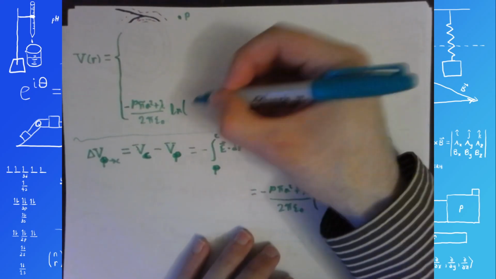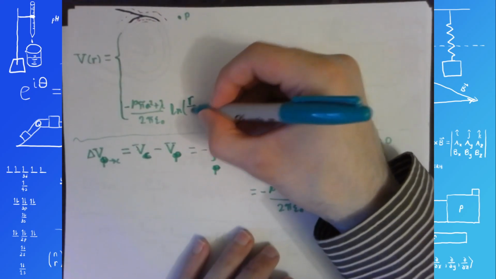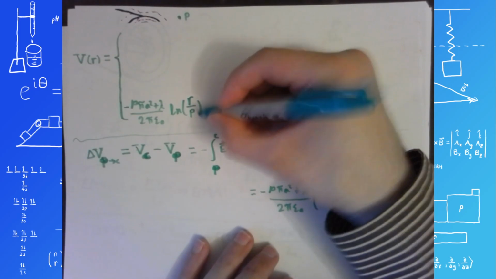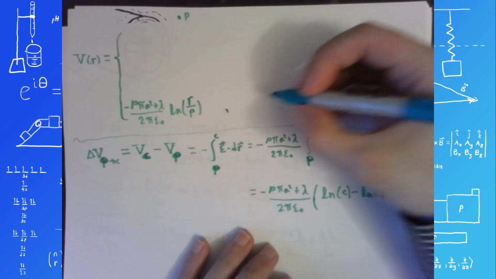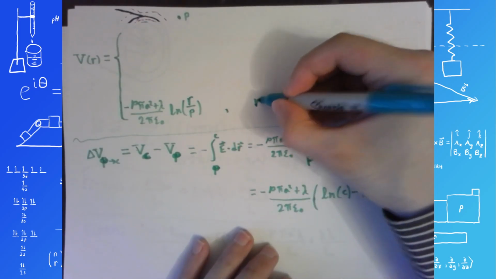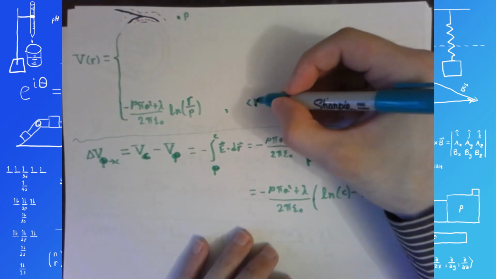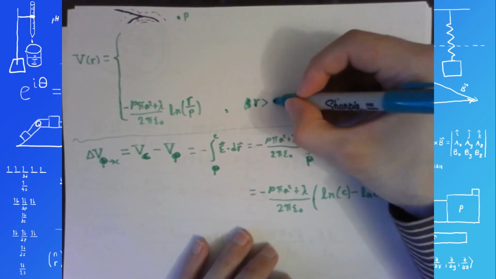It's natural log of R over P, and that's for R greater than C.